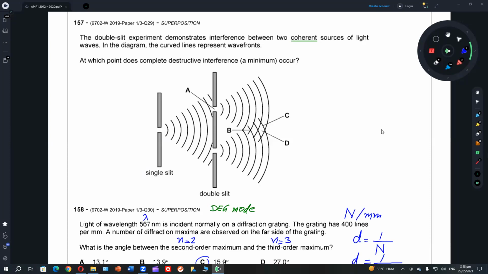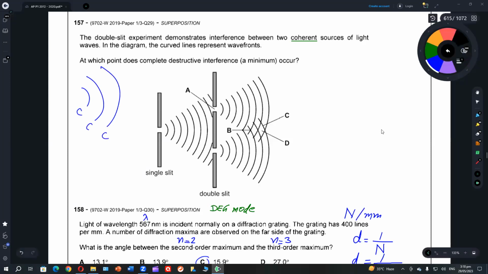Now remember this rule that the continuous lines, when you draw a continuous line like this, it shows crest, and when you have to show trough, you have to show it by dotted line.